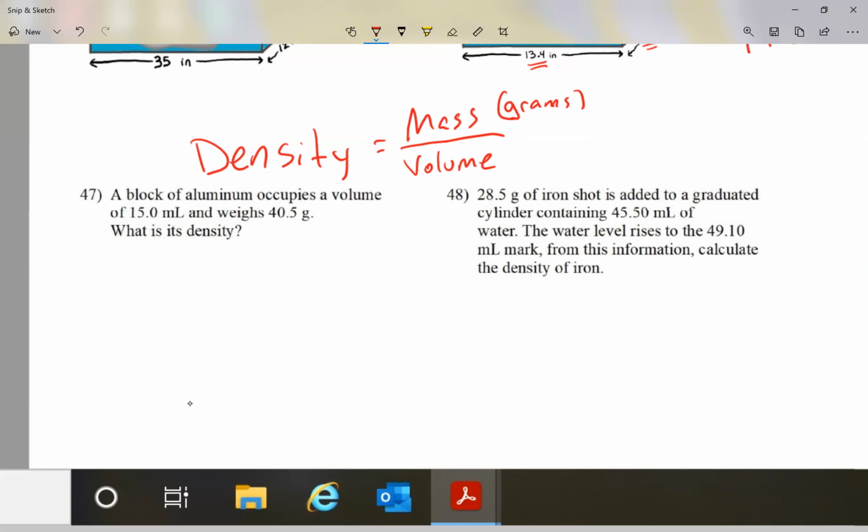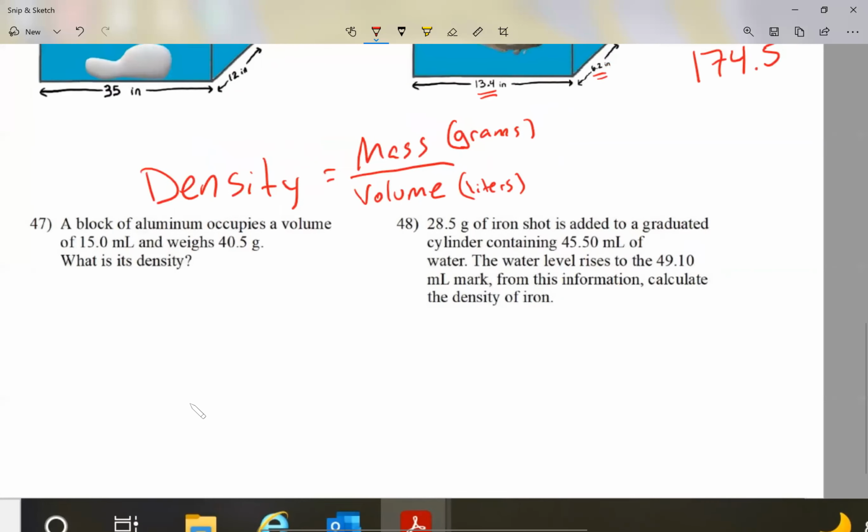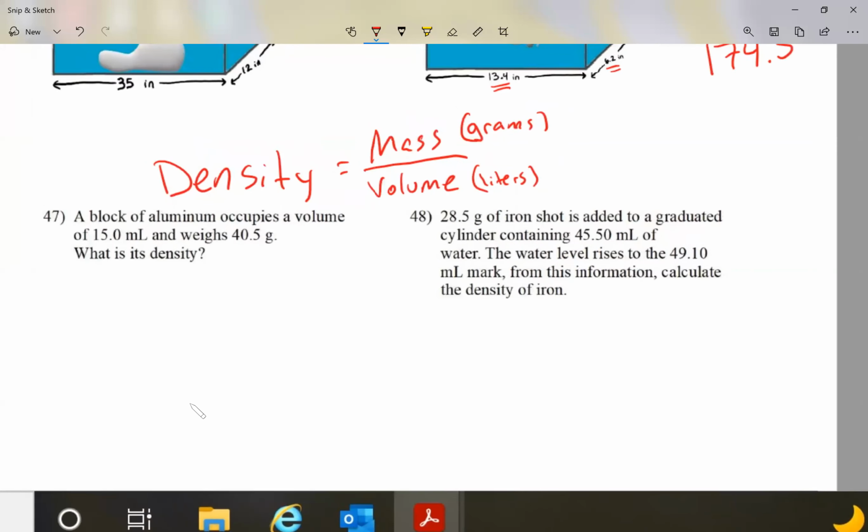For today's purpose, we're going to be mainly using liters. This is basically the measurement to measure liquid. But as you guys noticed, I can measure volume with liquid like we just did a few minutes ago. So mass divided by volume. Some people say that it looks like a heart, mass divided by volume.